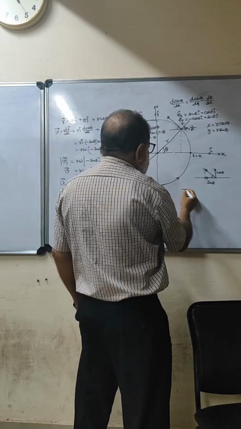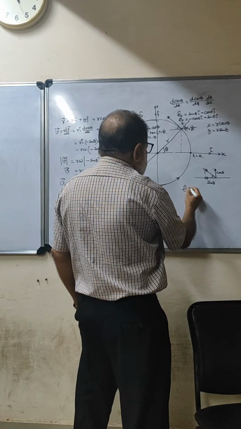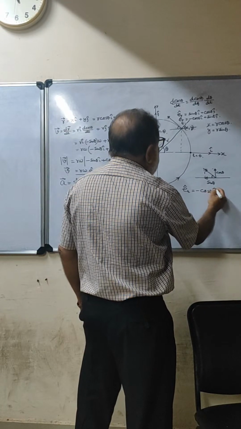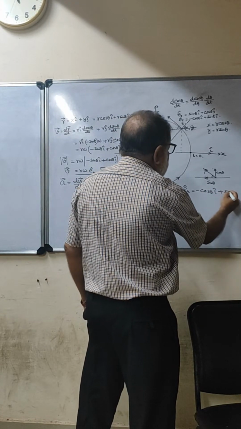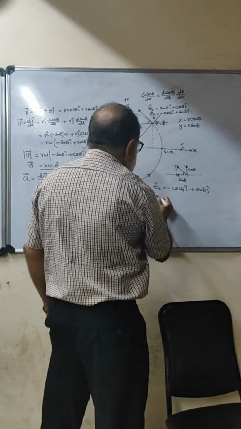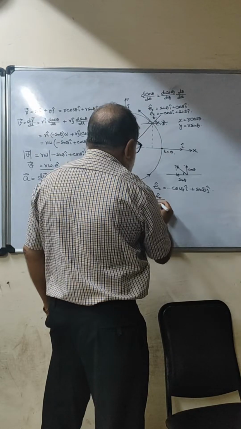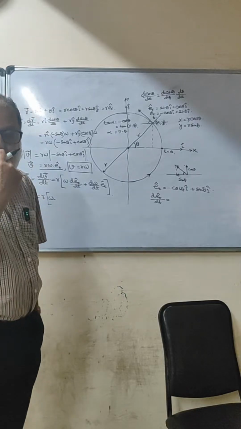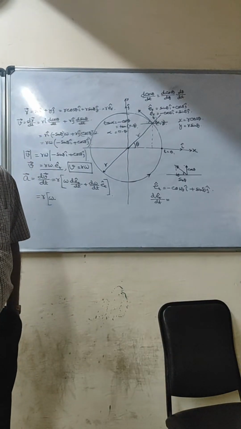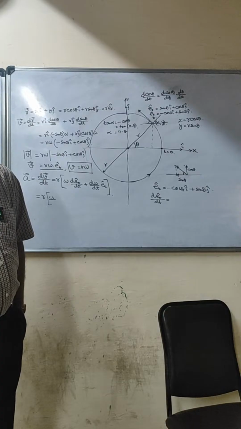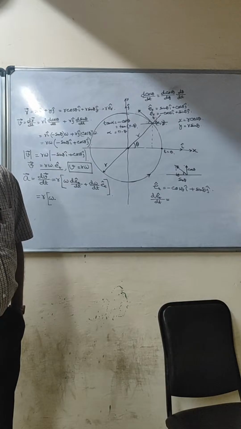If I differentiate, our et bar is minus cos theta i hat plus sin theta j hat. So what will be det hat by dt? Can you tell me, Diptayan? What should I write here? Plus sin theta i hat plus cos theta. But you have missed another d theta by dt in both. It is with respect to t.